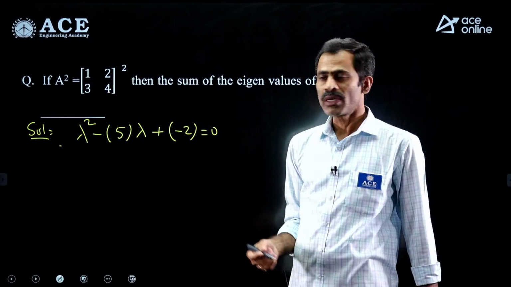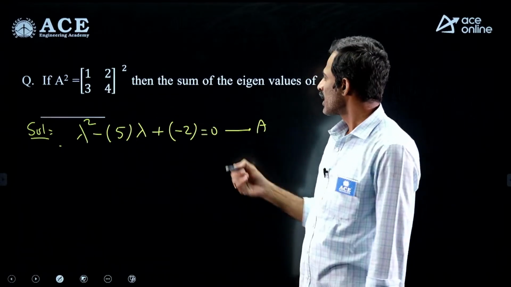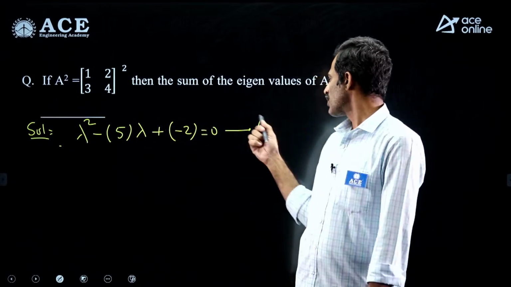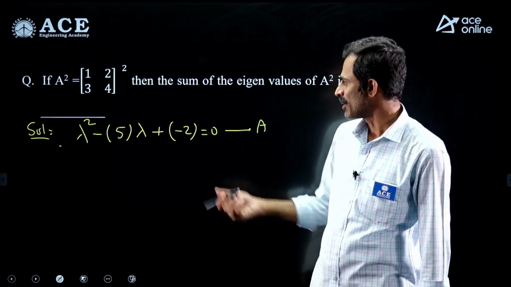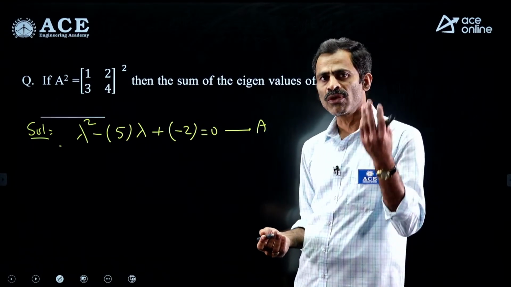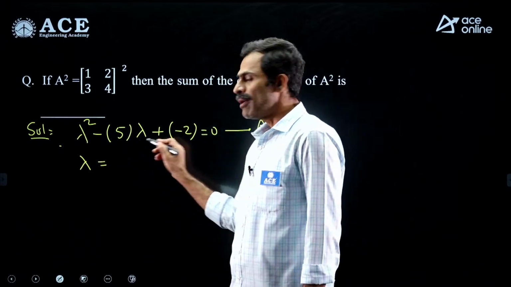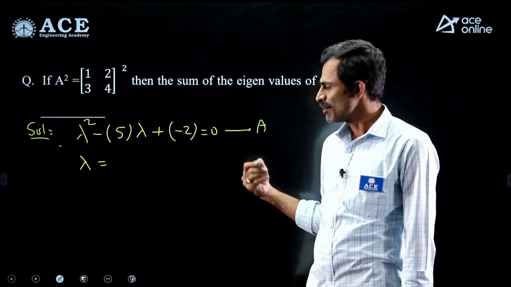This is the characteristic equation of this matrix A, and it is a quadratic equation. Now we solve it for lambda. Directly by the factorization method it is not possible to find the roots, so we go for the general formula of a quadratic equation. Lambda equal to minus b plus or minus under root of b square minus 4ac, by 2a.